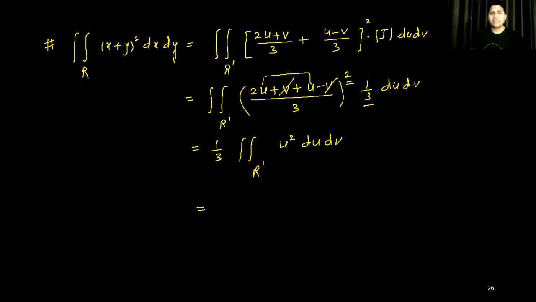So if I put the limits, it will look like 1 upon 3 over R dash, with V from minus 2 to 1 and U from 1 to 4, inside U square dU dV. Now we can solve the integral. Firstly, we should write it dV dU, because the latest limit we are taking is for V, and in the reverse order perform the integral and we will get the value of the given integral.